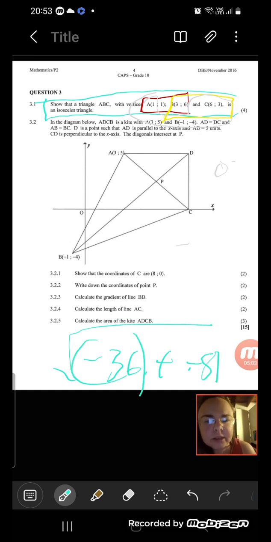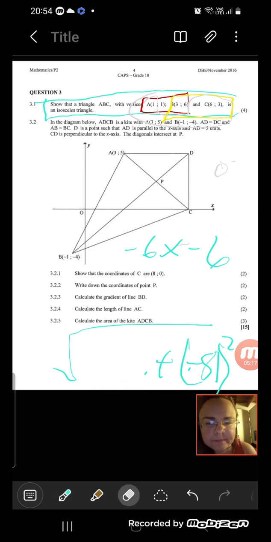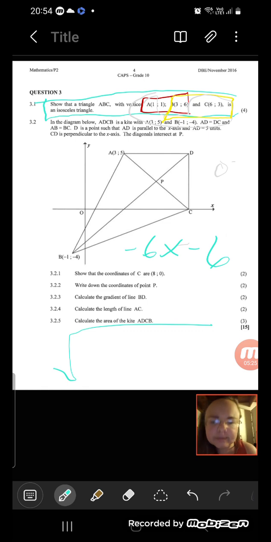Why? In the distance formula, you're squaring whatever's in there. After you've squared it, even if there's a minus there, it becomes a plus because it's a minus 6 times a minus 6, giving you 36. You're never, ever, ever going to get a negative number after you've squared it. For now.